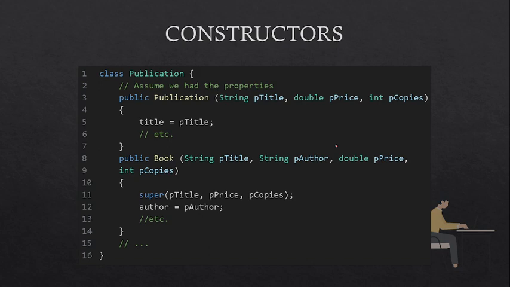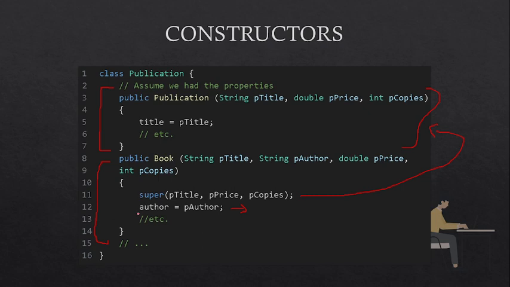Here is the constructor for Publication. We define the title, the price, and then the copies. And this is the constructor for the class Book. In the Book class we are calling super, essentially calling the Publication constructor, followed by the initialization of the characteristics specific to the book.